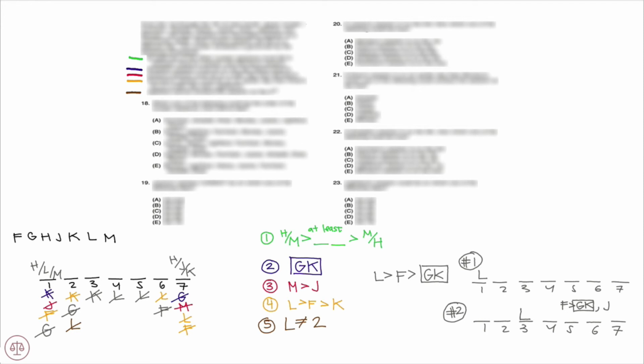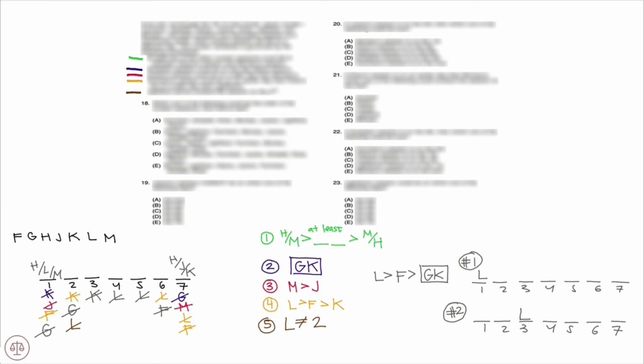That would leave only H and M, and they would have to go here. But that goes against rule number 1, because remember, H and M have to have at least 2 nurses separating them. Therefore, that means J can't be to the right of L. Remember, we placed J there to see if it'll work because we already know that F, G, and K have to be to the right of L.